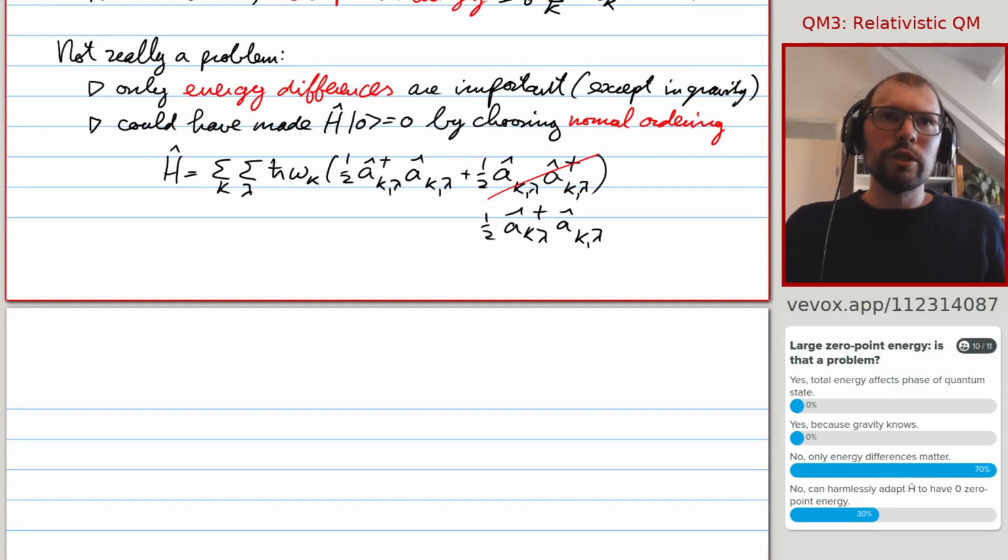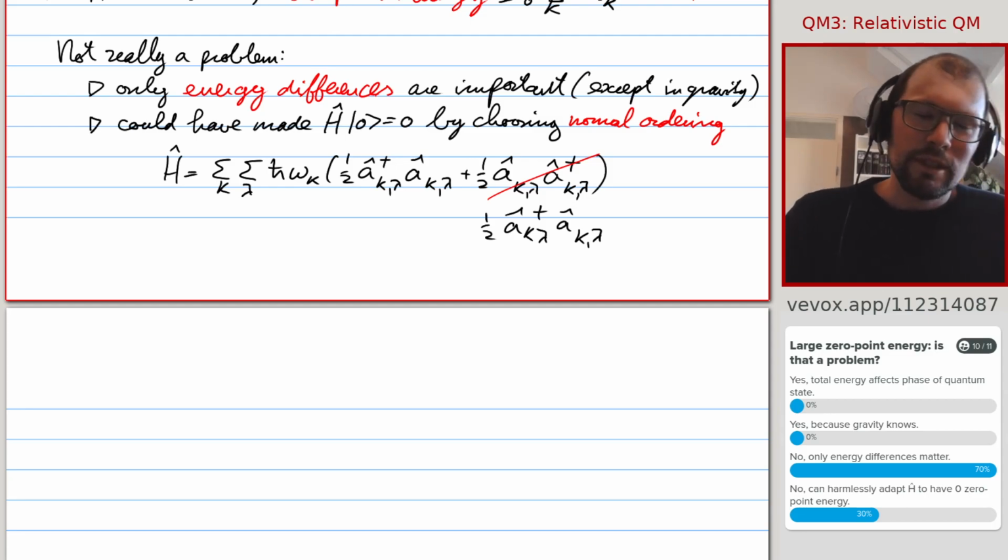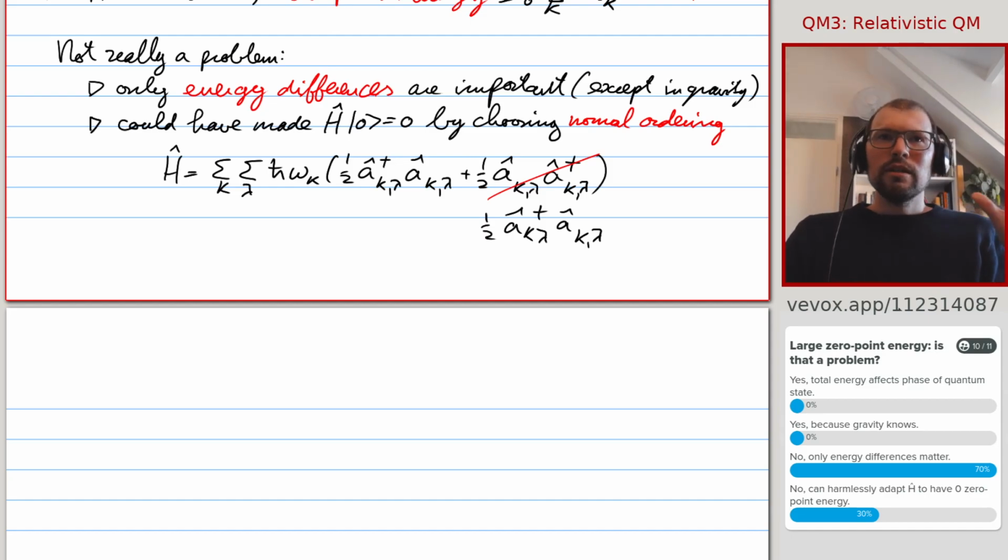So generally, we don't notice the 0-point energy. But there is one exception, if you like. Well, apart from having gravity present. And this is when your box in which you're putting your electromagnetic field is not of a fixed size.